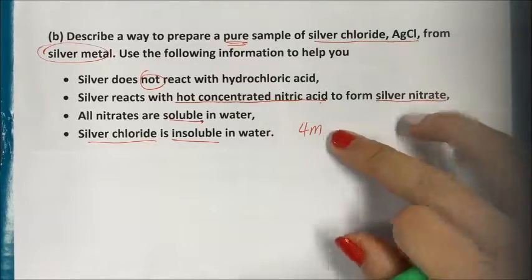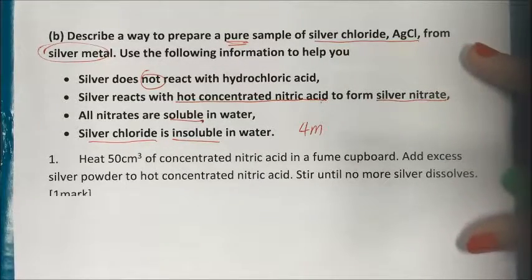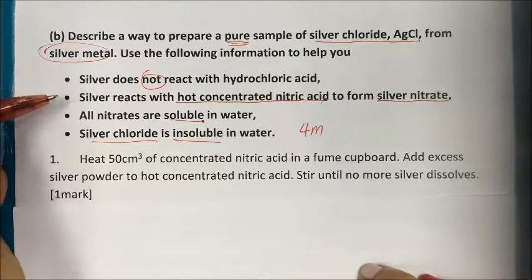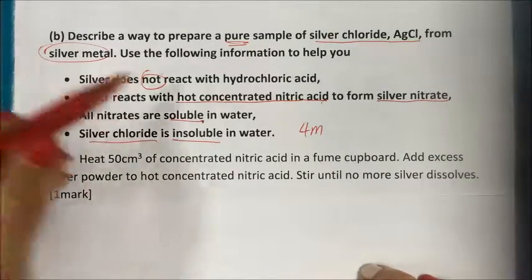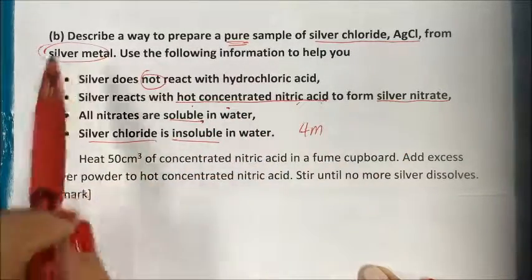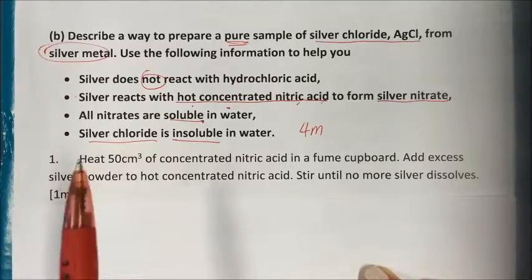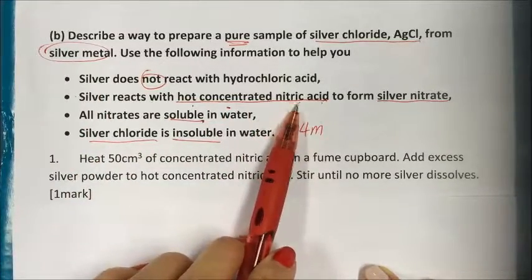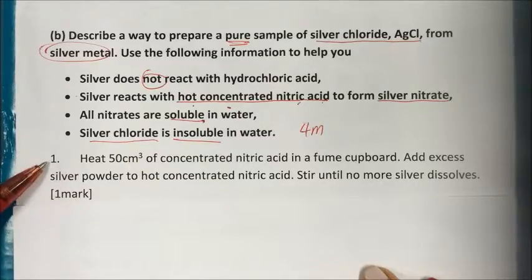So how do you get your 4 marks? First step. In the question, they have already given you a clue. Silver reacts with hot concentrated nitric acid to form silver nitrate. So if you're given silver metal, first of all, you need to react it with your hot concentrated nitric acid. So how to describe it? Step 1.